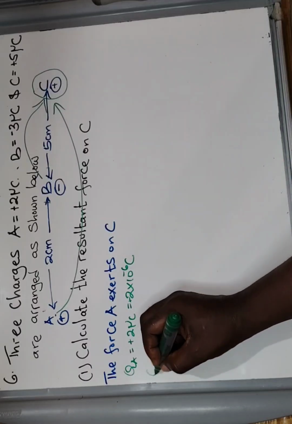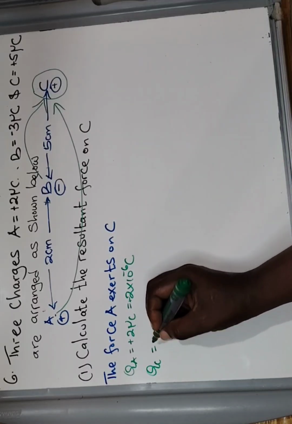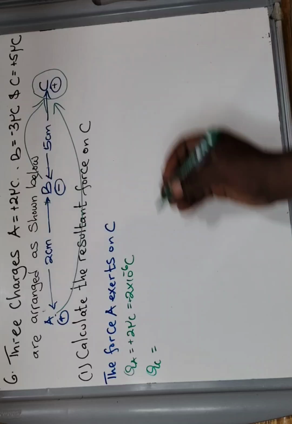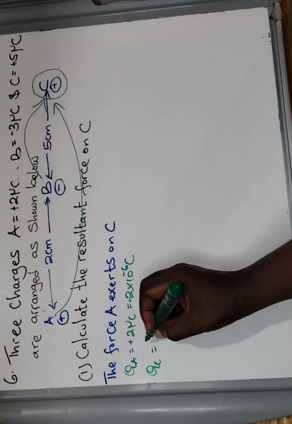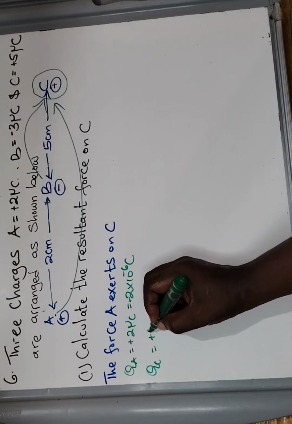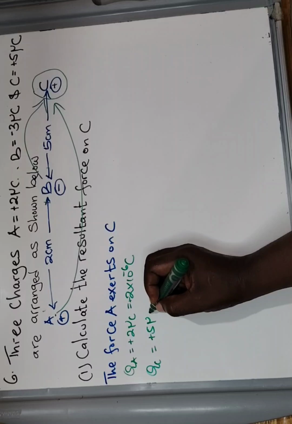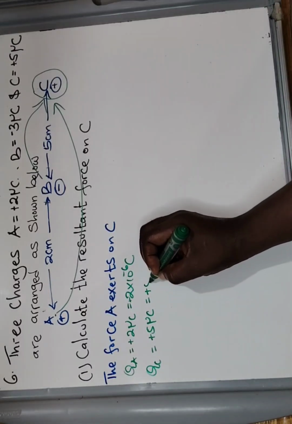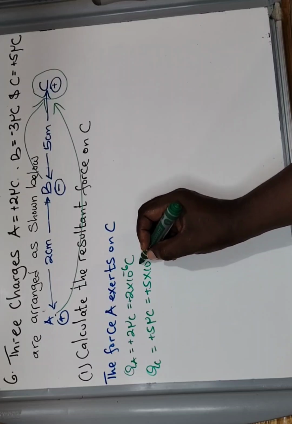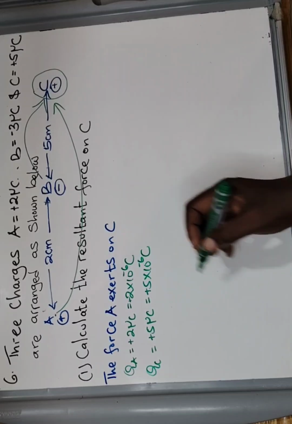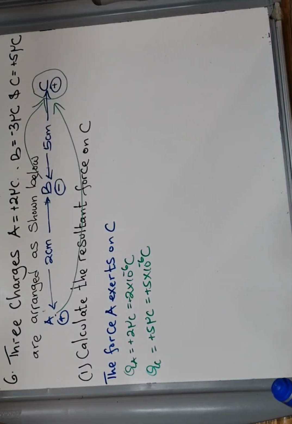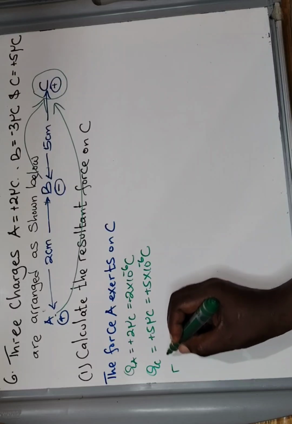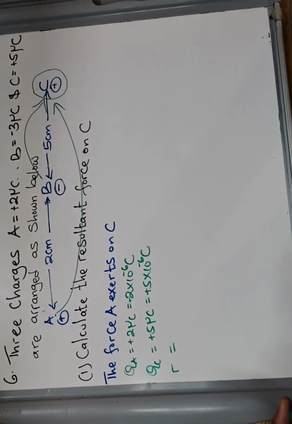So what is QC? We know our C as plus 5 microcoulomb, which is the same as plus 5 times 10 power minus 6 coulomb. What else do we know? We know the intermediate distance.